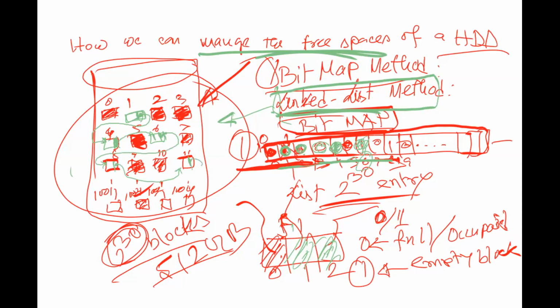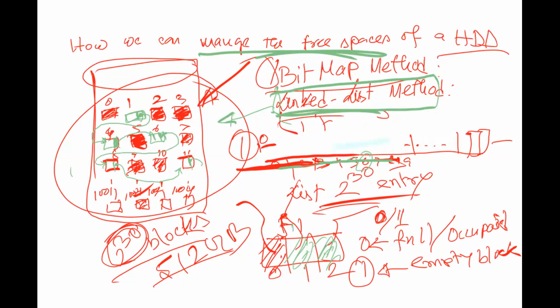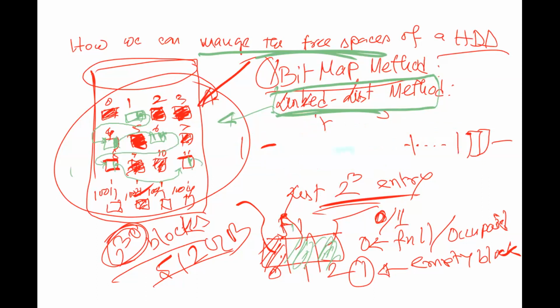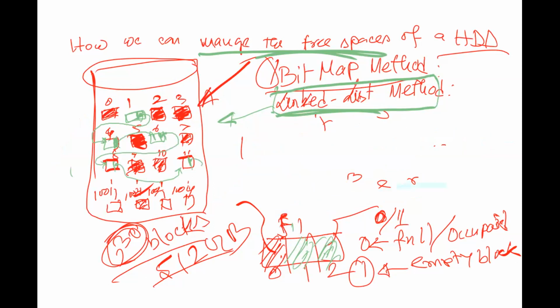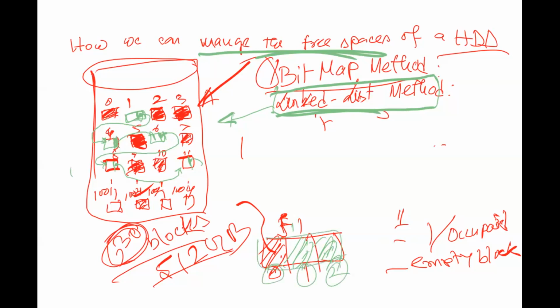During the save operation, what will your operating system actually do? Let's say you want to save this file f1 again. It has a total of three blocks, 0, 1 and 2, for file f1. Your operating system will first load the first empty block address.